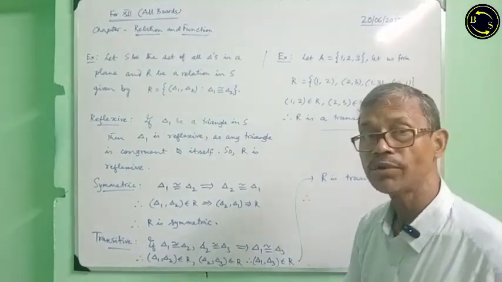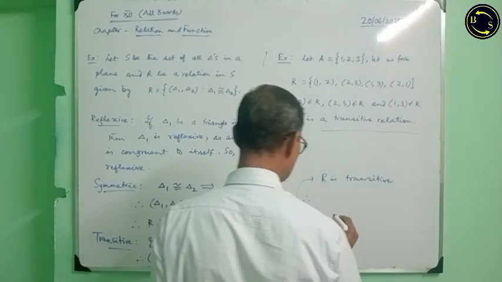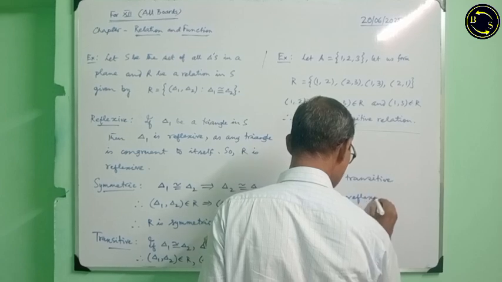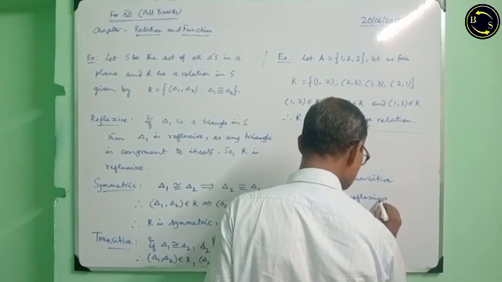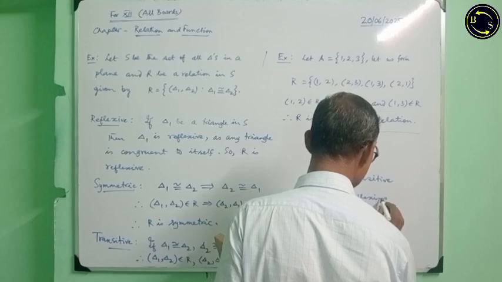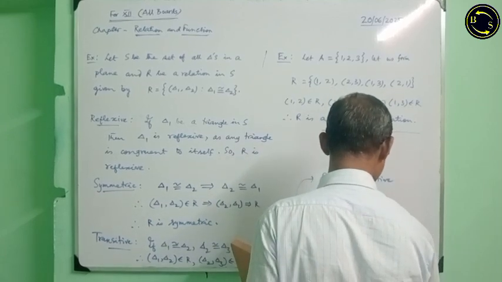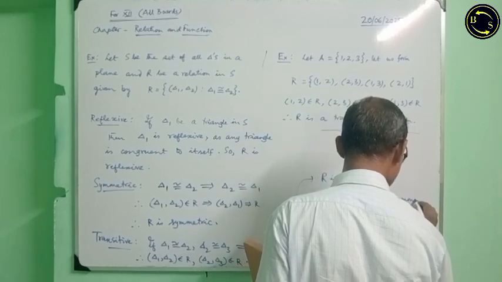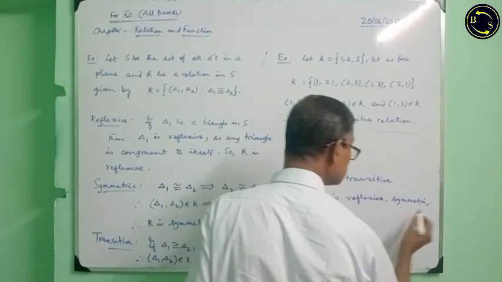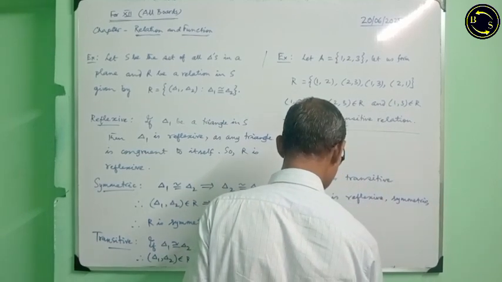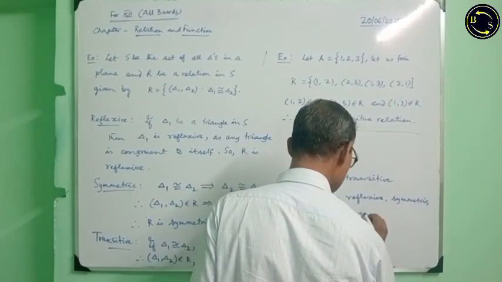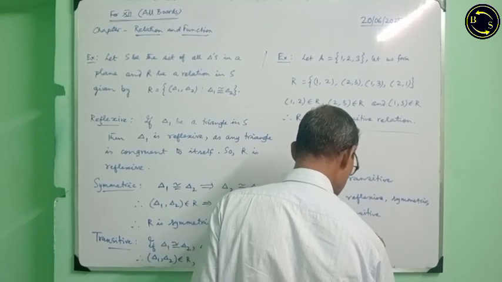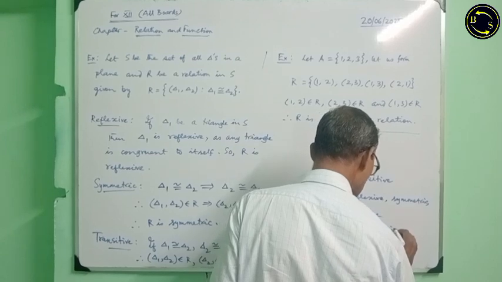Therefore, as per the definition of equivalence relation, R is reflexive, symmetric, and transitive. Therefore, R is an equivalence relation.